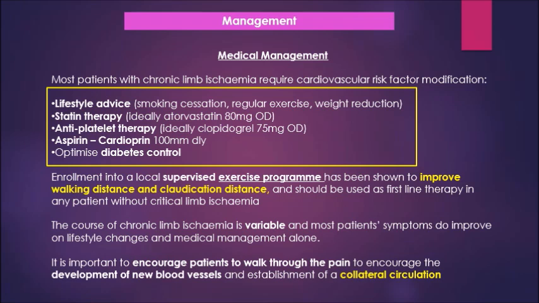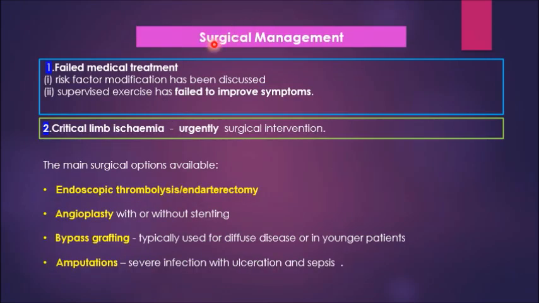Okay, now what are the surgical management options that are available for these patients? First, when do you refer for surgery? When do you consider surgical management? Okay, two main conditions. One is failed medical treatment. When all this controlling of the risk factors and all the conservative measures that you have mentioned just now, and the medications, fail, then you have to consider the patient for failed treatment.